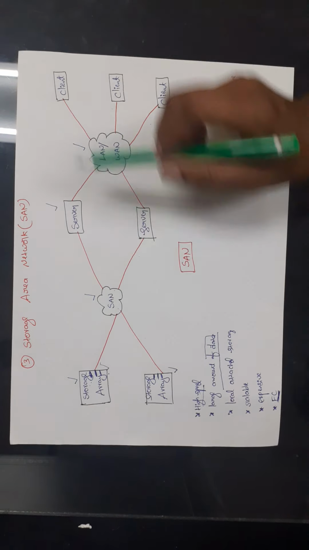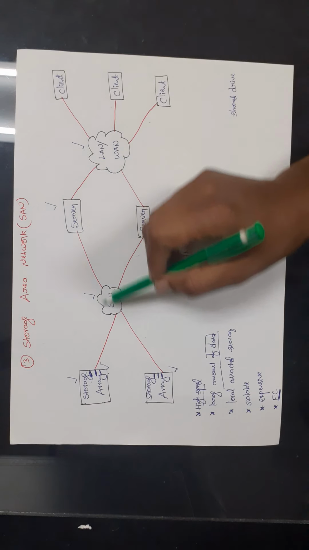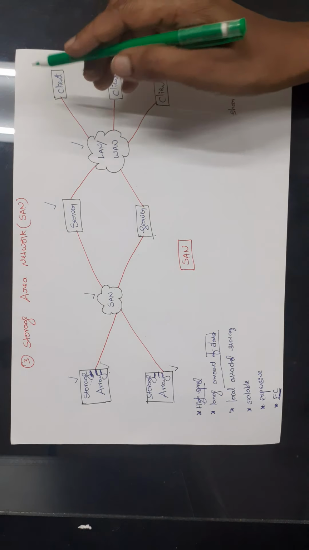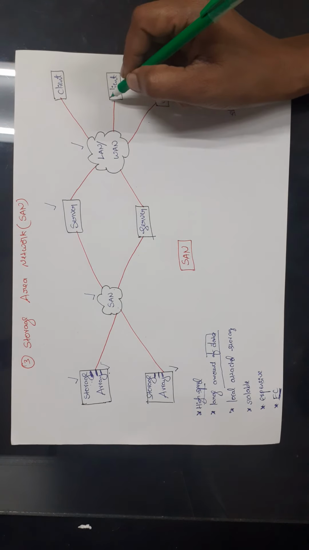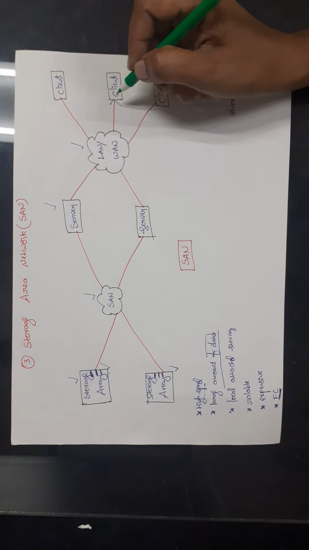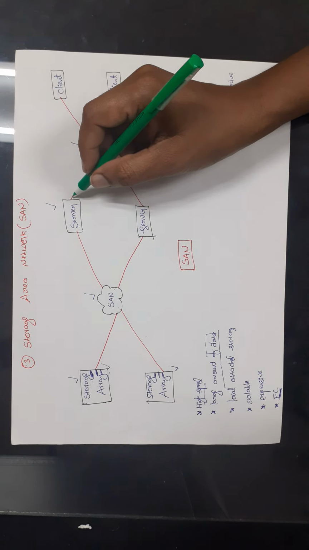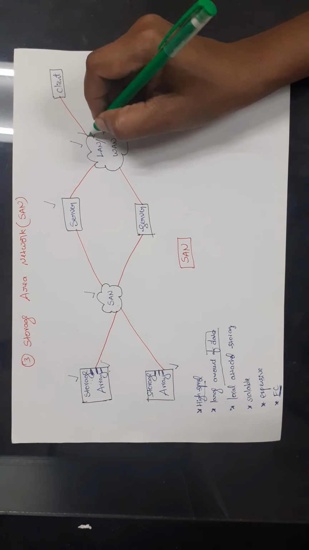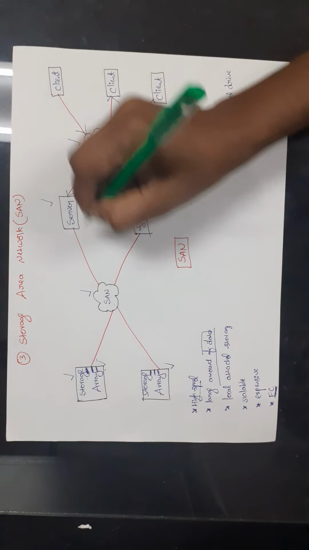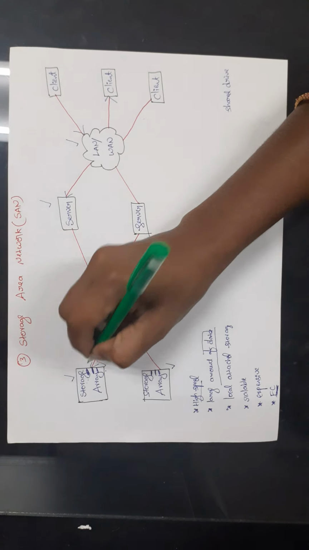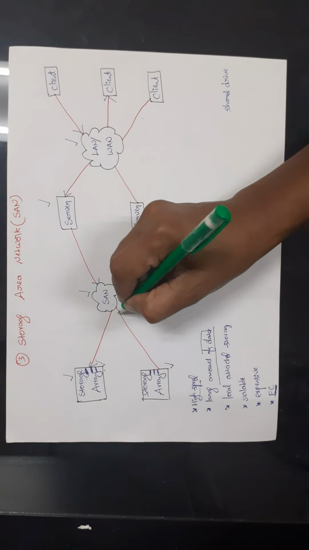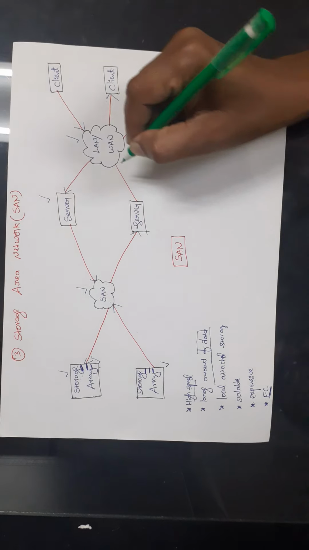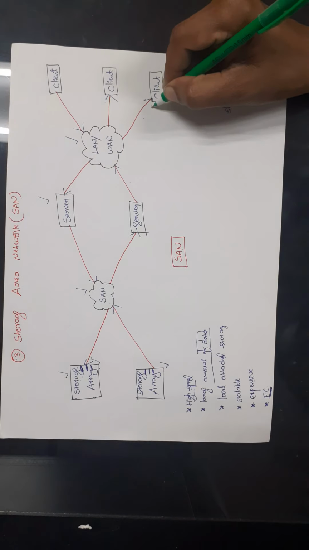Now if clients want to send any data to the storage area network, or want to access data from the storage area network, then they can access the data through servers only. If clients want to send anything, it will be sent through the servers only. If they want to access any data from the storage array, they will access it through the server only.